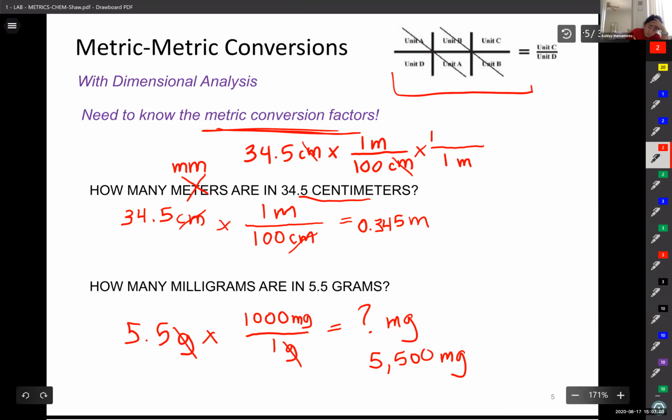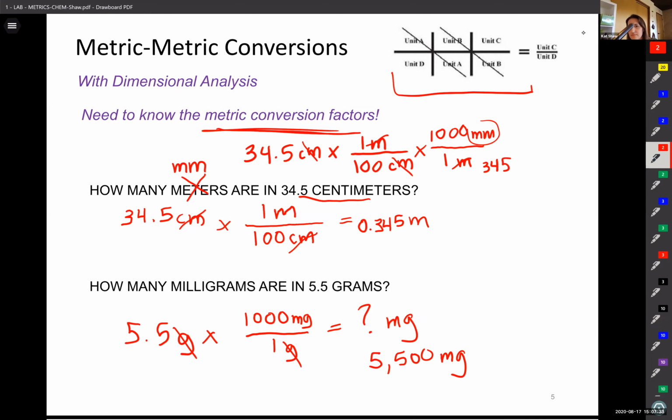Perfect. Meters cancel out. The units I will be left with are millimeters, and then I just have to do the math. 34.5 divided by 100, multiply by 1,000. You could take some shortcuts there as well in terms of the math. But in the end, what you should calculate, just so you can self-check, is 345 millimeters.